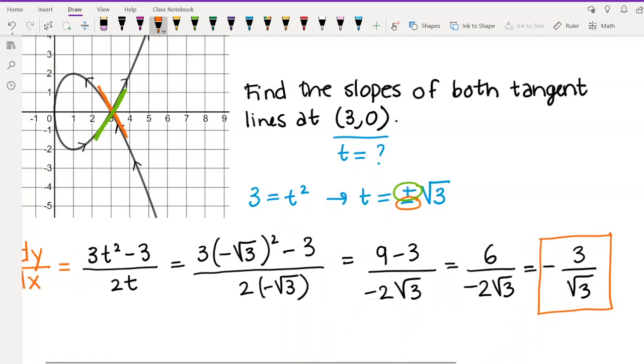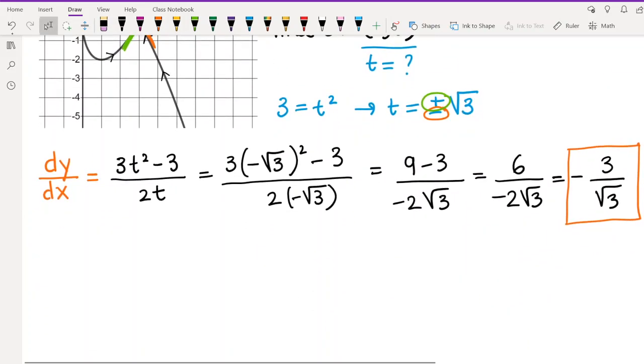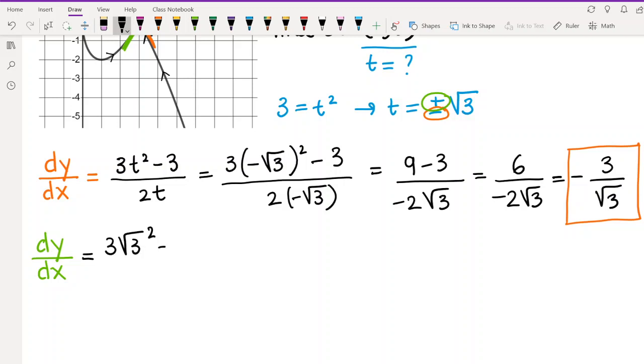And so how would we now find the other one? Well, we would just plug in positive square root of 3. So if we do dy dx now for the positive square root of 3, we would get 3 times square root of 3 squared minus 3 over 2 times the positive square root of 3.